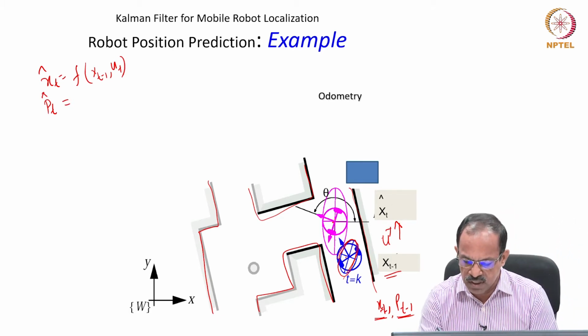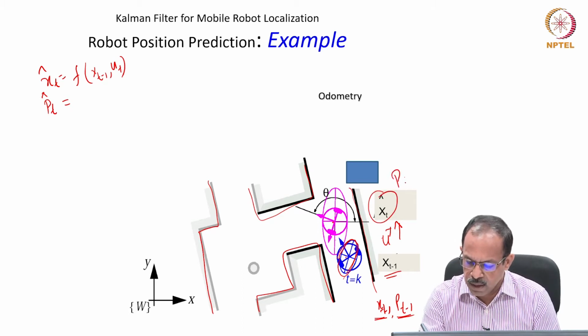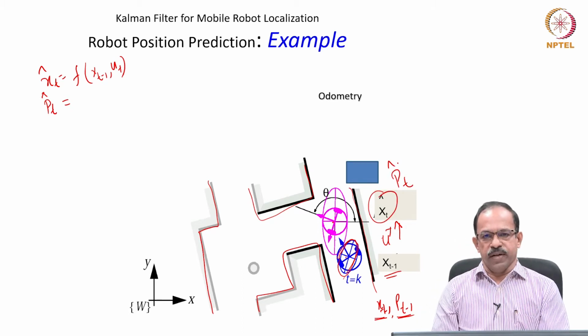which is the covariance at this. So, this is x̂t, and there will be a covariance P̂t also.